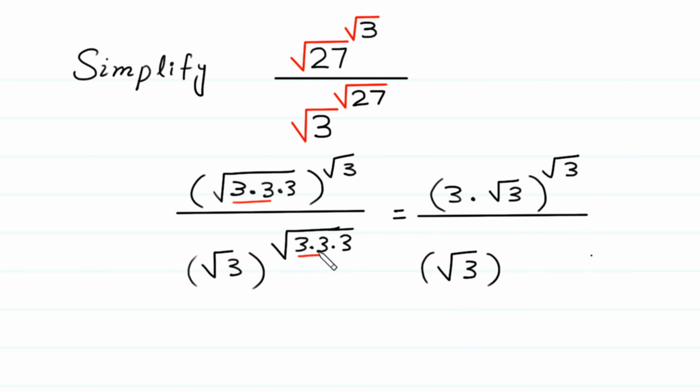From this pair 3 times 3, 3 comes out of the square root, 3 times, and this 3 remains under square root of 3.